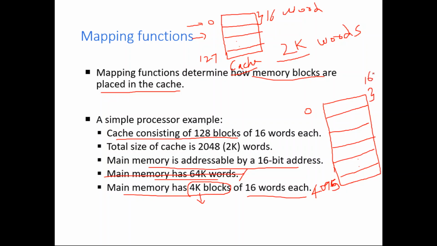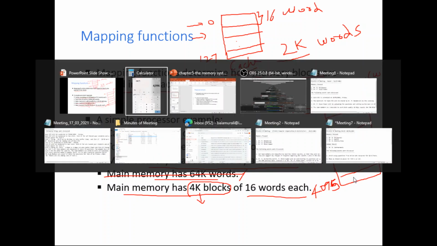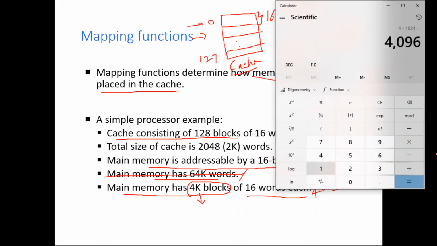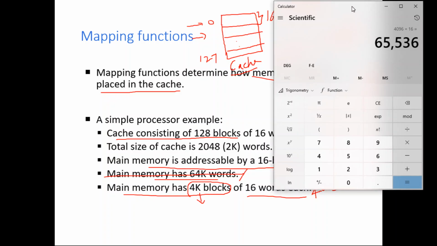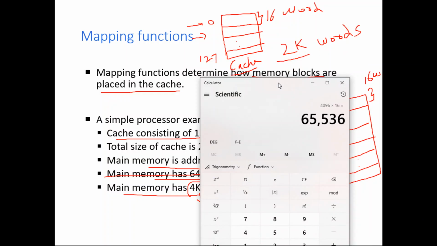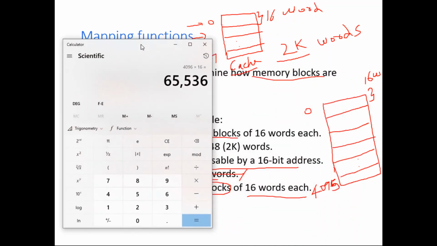So totally how many words can the main memory hold? It is 4096 into 16, which is 65,536 words. This many words it can hold.